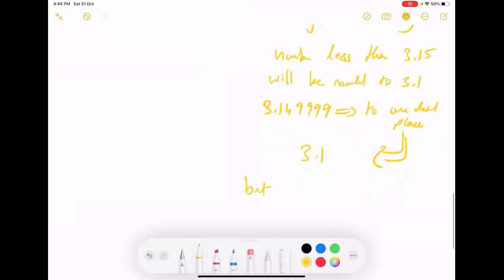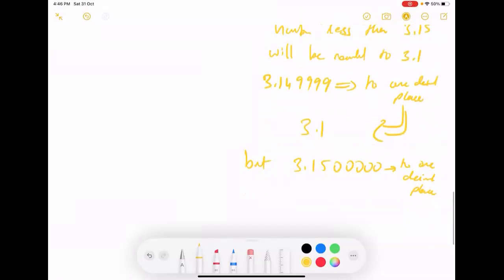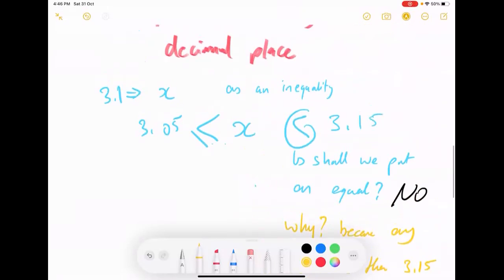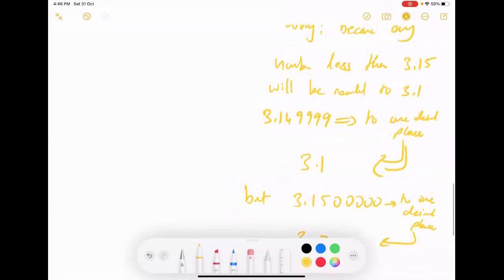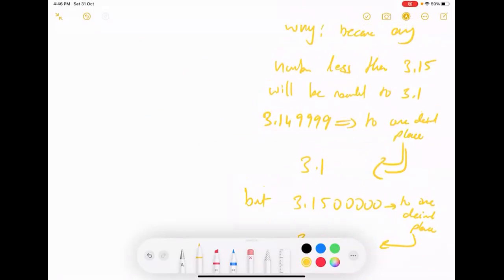But 3.150000 to one decimal place would be 3.2. So we will take any number which is less than 3.15. Did you get why it's not equal? Let me mark less than.